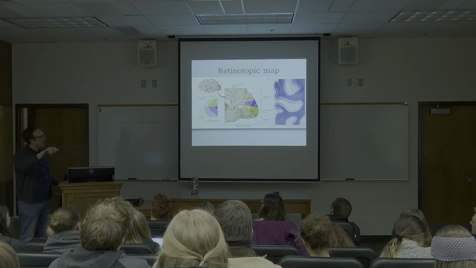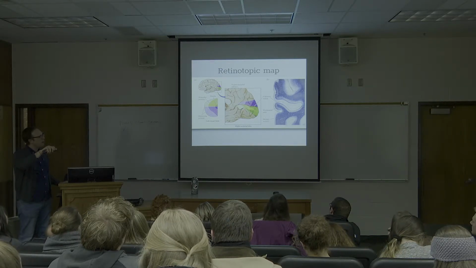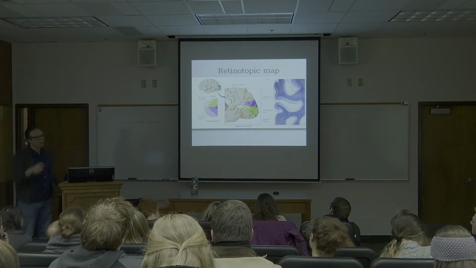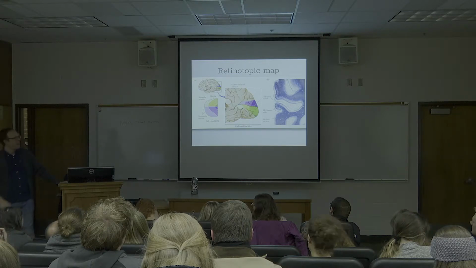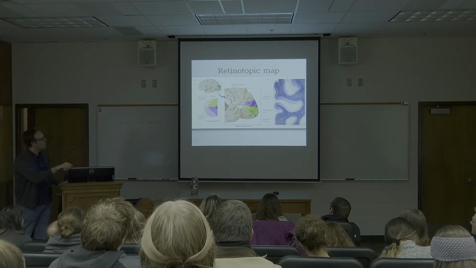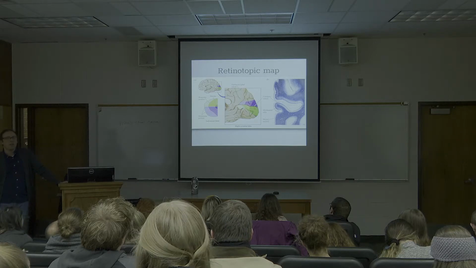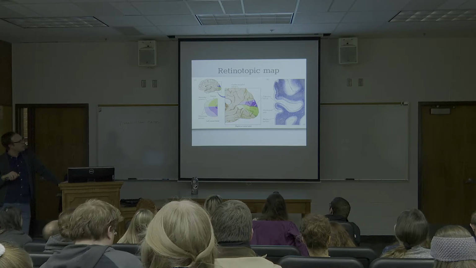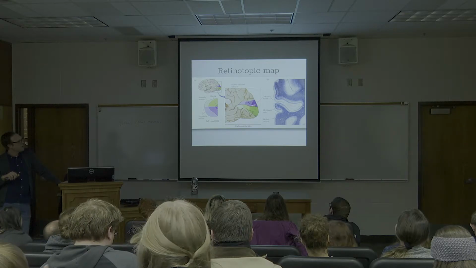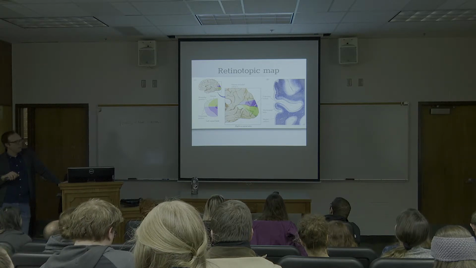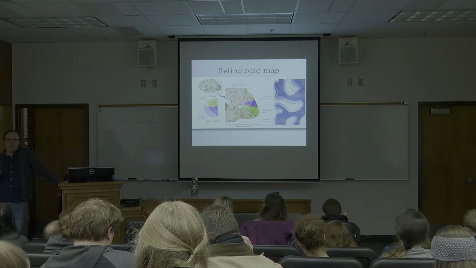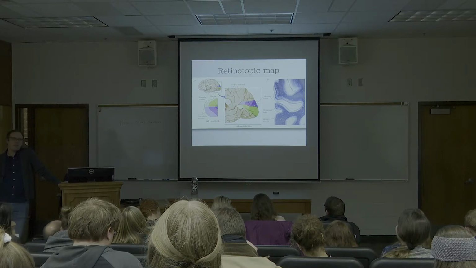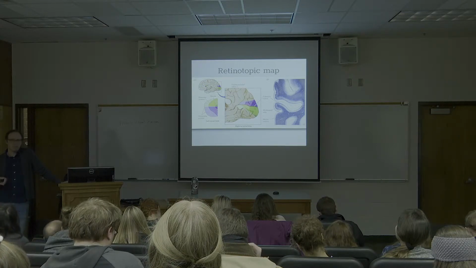But it's interesting because the lower part of the primary visual cortex represents the upper part of the visual field. And then the right hemisphere is going to represent the left visual field. So if you have damage, let's say let's put your damage right up here, the upper part of V1 on the right side, you're going to have a scotoma, that was the word I couldn't think of on Monday, or a blind spot for what region of space?